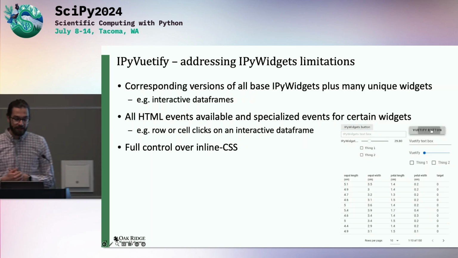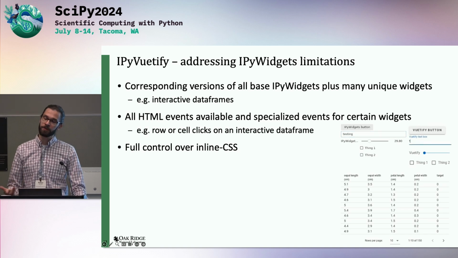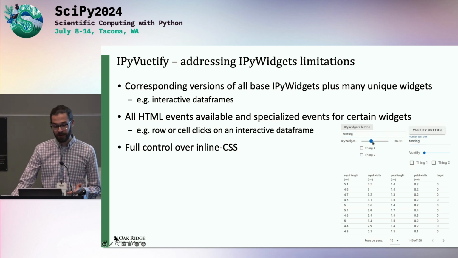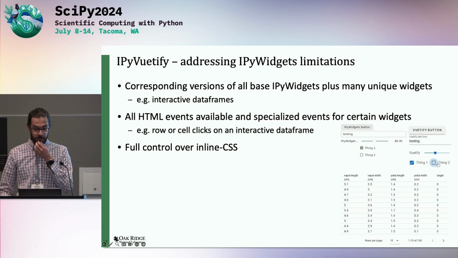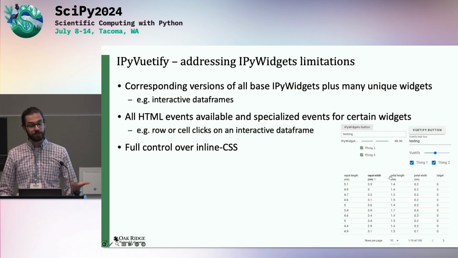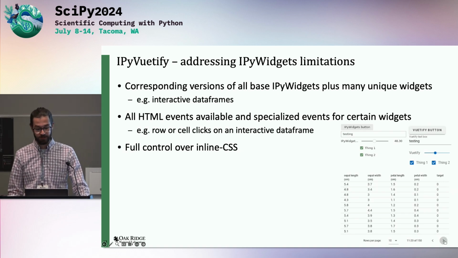So the way that it actually addresses some of these limitations is, first of all, for all of the default components that come with IPyWidgets, IPyVuetify has a corresponding version. You can see some of the examples in the lower right comparing them, as well as many widgets unique to IPyVuetify. So for example, it comes with some very nice interactive data frames, which again you can see in the bottom right here.